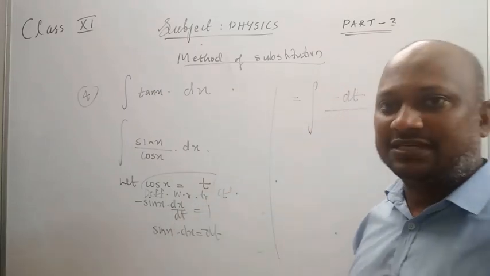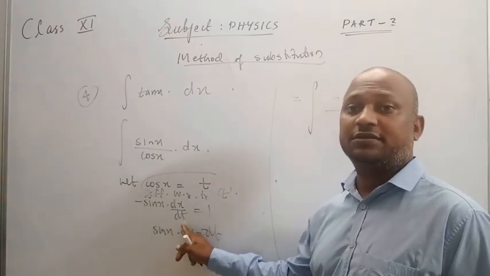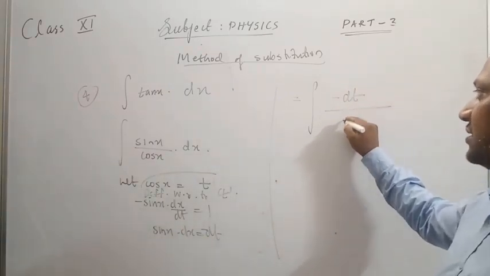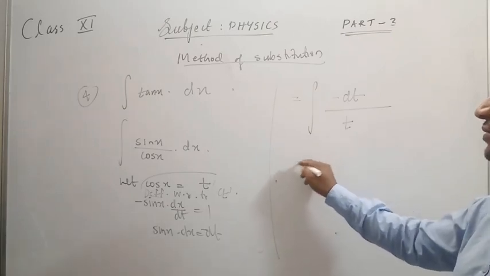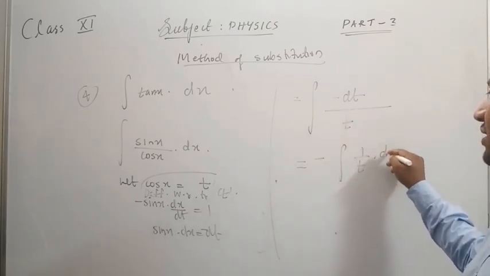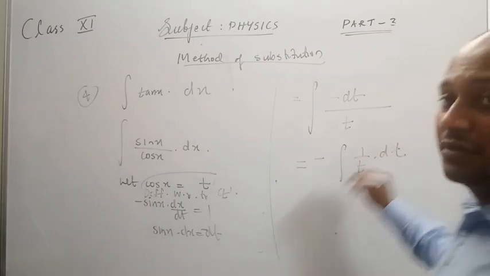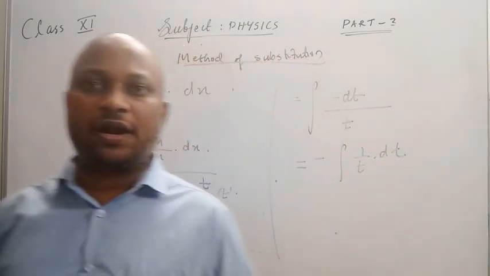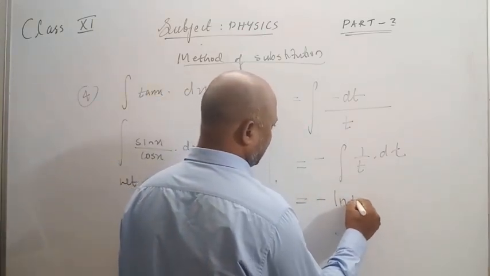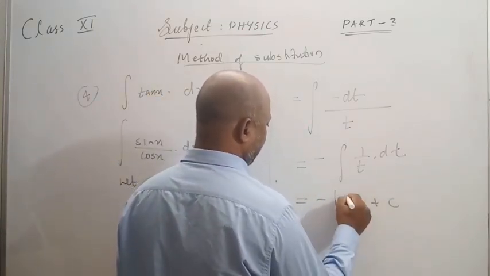So minus dt, and in the denominator, instead of cos x I can write t. So minus 1 upon t. So minus integration 1 upon t dt, minus you can take it out. What is the integration of 1 upon t? It is ln t plus constant.